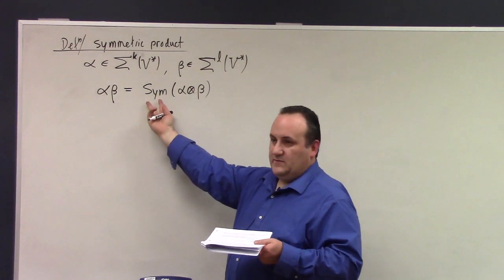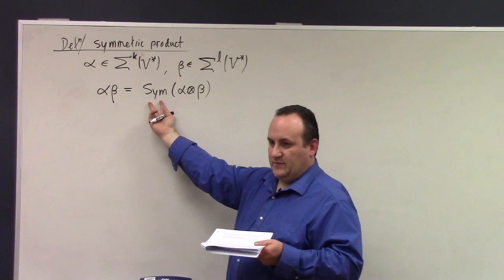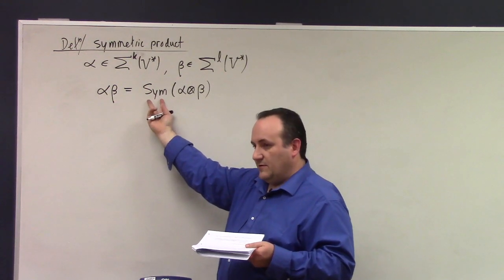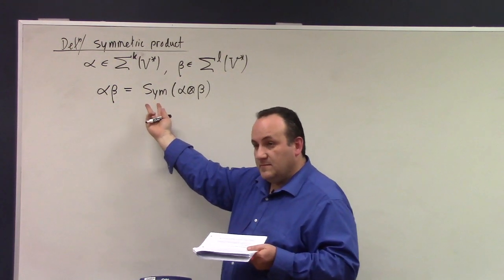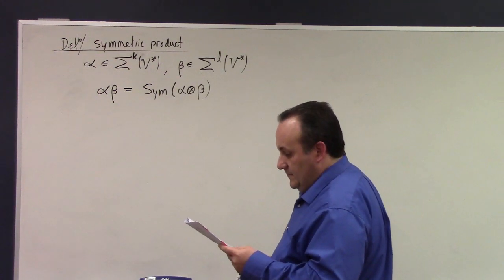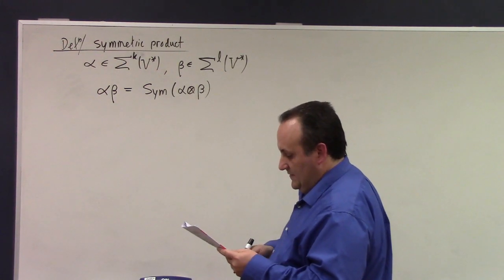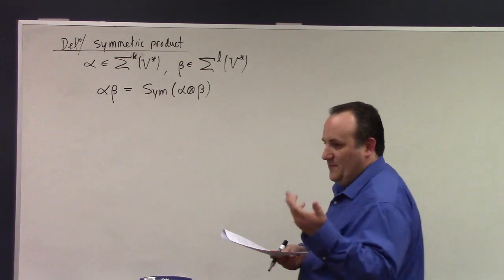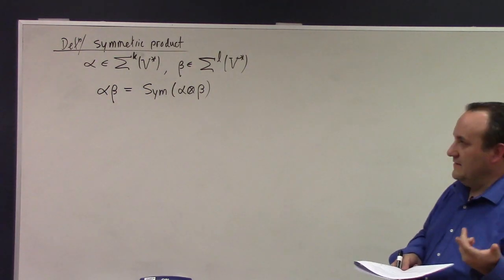Then you're symmetrizing those, done over the symmetric group of order k plus l. And he has a formula, which I won't write down because it doesn't really serve anything.